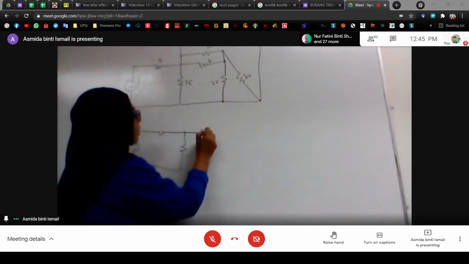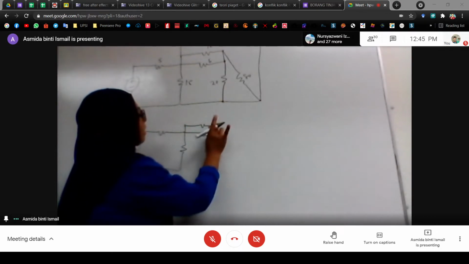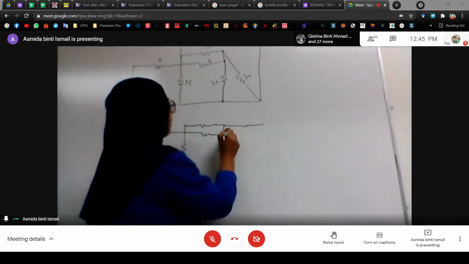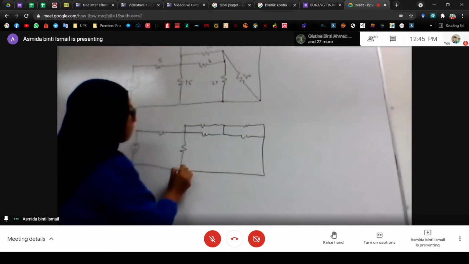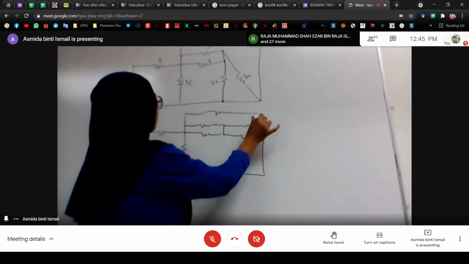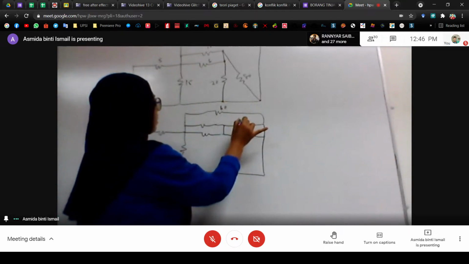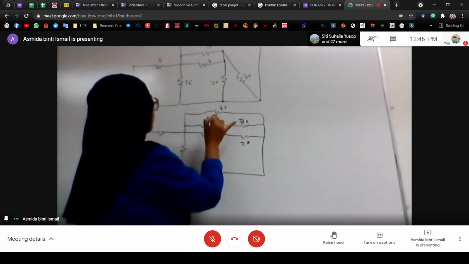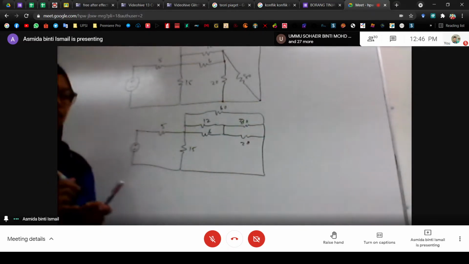Katakan awak tengok ni, awak boleh lukis macam ni. Ini. Okay.